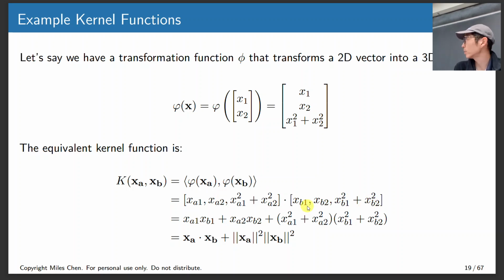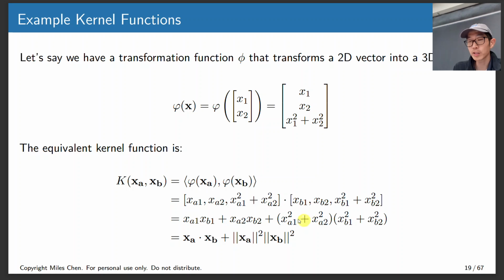And then we take the dot product between these, or the inner product. So we get xa1 xb1, first component times first component, second component times second component, xa2 xb2, and third component times third component, xa1 squared plus xa2 squared times xb1 squared plus xb2 squared. This part up here is equivalent to the inner product of the original xa and xb, xa transpose xb.